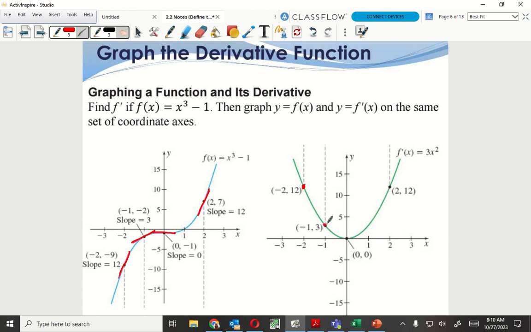Over here, at -1, my slope is 3, and the y value over here is 3. My slope is 0 at 0, and the y value over here is 0. At 2, right here, my slope is 12, the y value is 12.